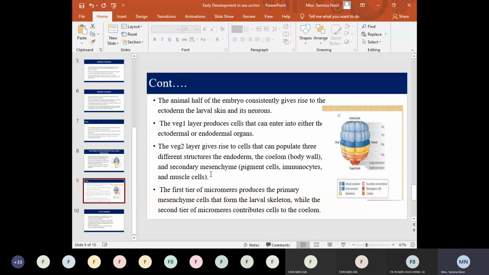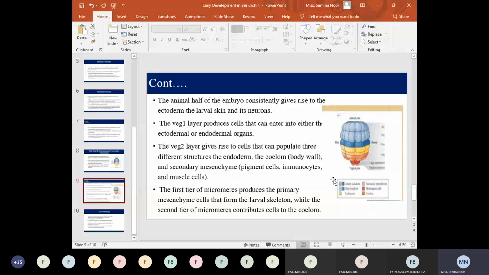The secondary mesenchyme is also known as the non-skeletogenic mesenchyme, and it includes pigment cells, immunocytes and muscle cells.